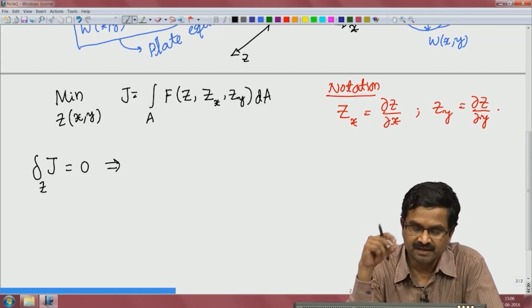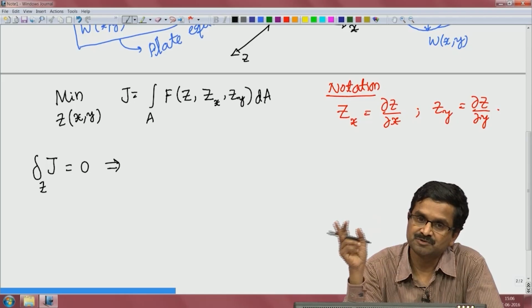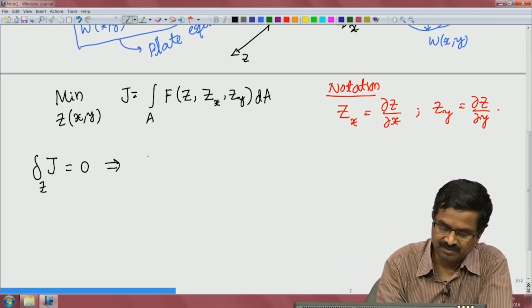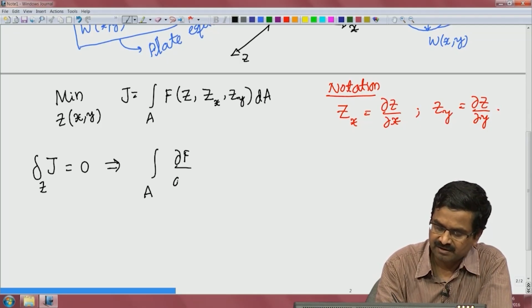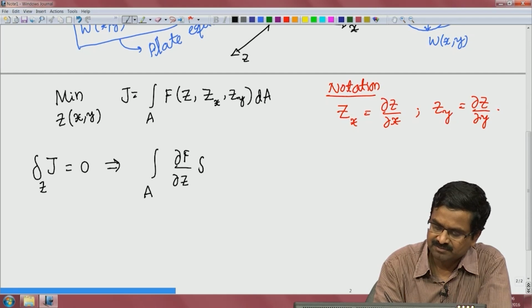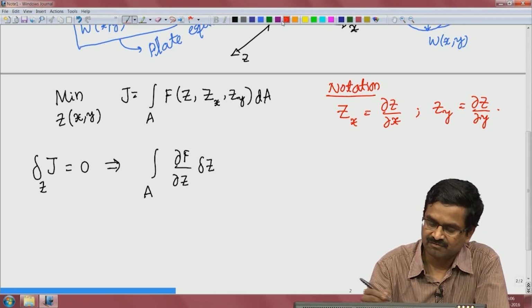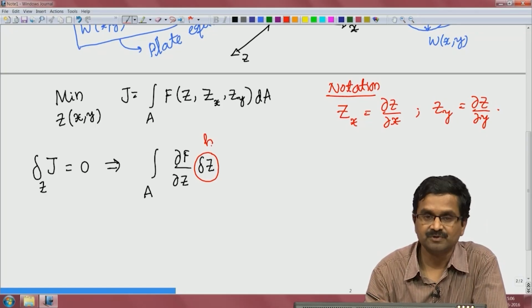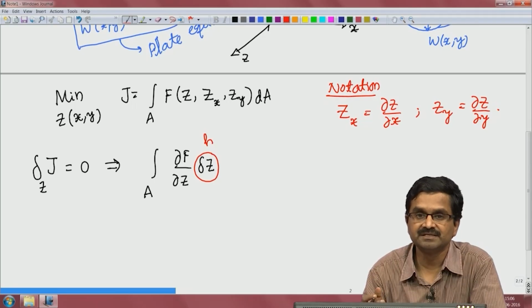Okay. Then we take the derivative with respect to epsilon, and then substitute epsilon equal to 0. If we do all that, what we get will be this integral dou f by dou z times delta z. Okay. The delta z, earlier we were writing it as h. Now, I am using delta z to clearly indicate that it is a variation of z.